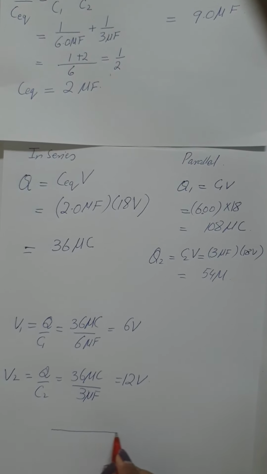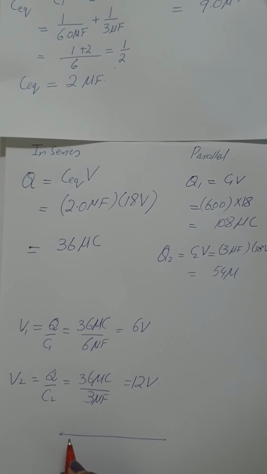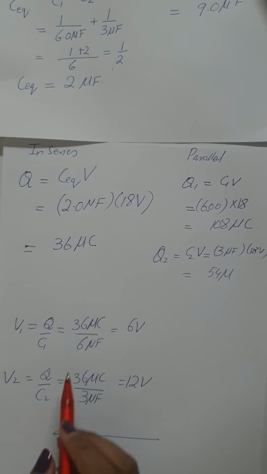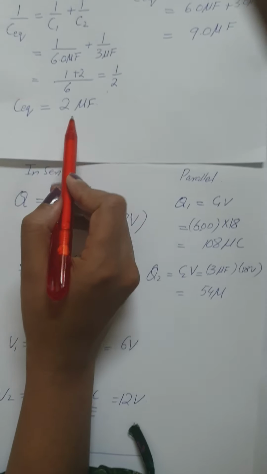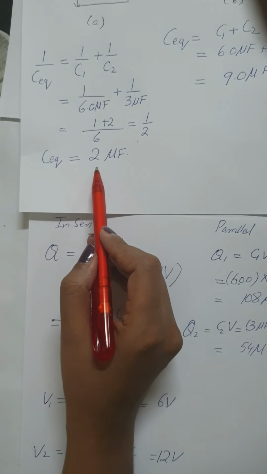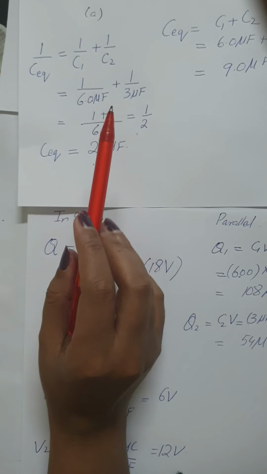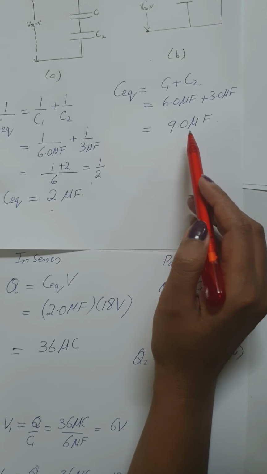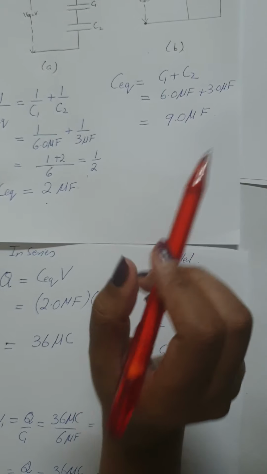So here one point to be noted is the equivalent capacitance for the series combination is less than either of the two capacitors C1 and C2, while for the parallel combination the equivalent capacitance is indeed greater than either C1 or C2.